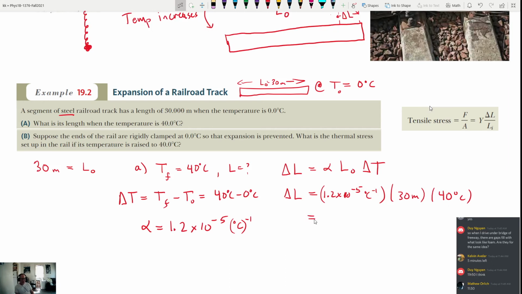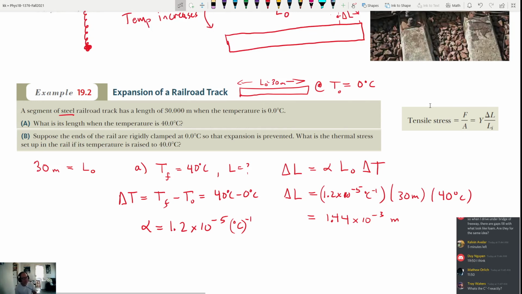So we can throw all those together. 3 times 4 is 12. 12 times 12 is 144. And we have how many digits here? There's a 10, that's 10 to the 2, 10 to the negative 3. So this is probably going to be something like this. Is that right? Might be too big. Yeah, 0.0144.